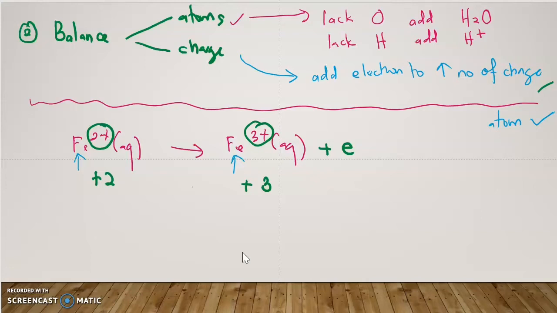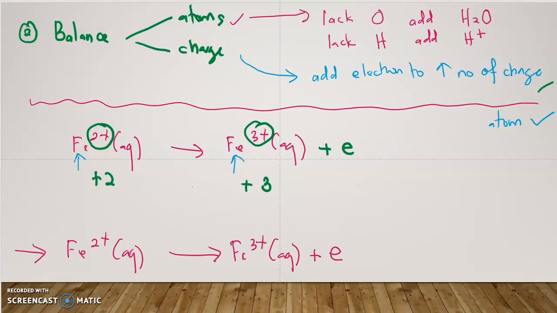So now the equation becomes Fe2+ aqueous becomes Fe3+ plus electron.